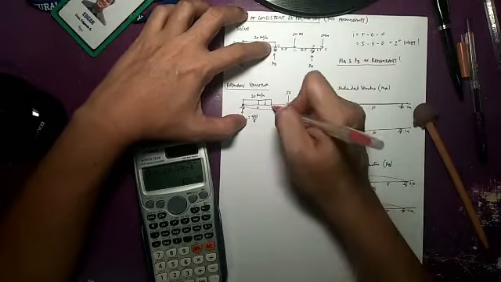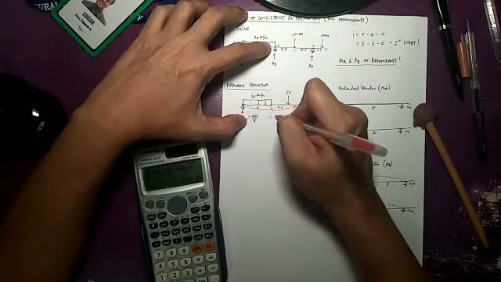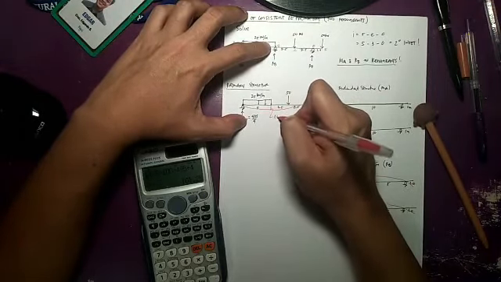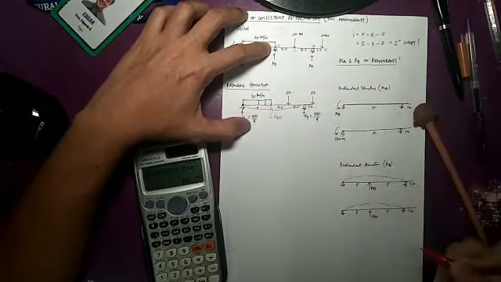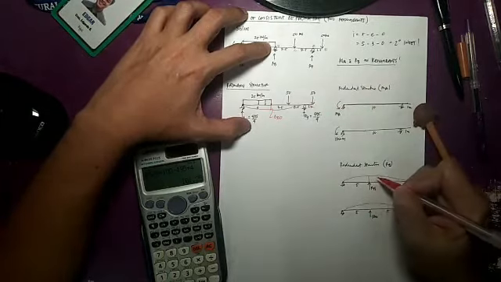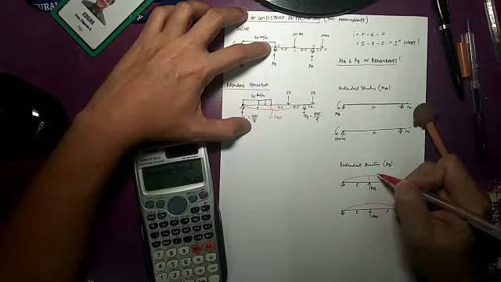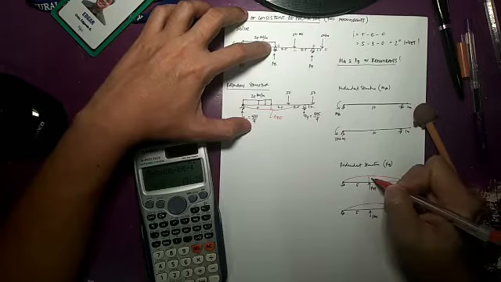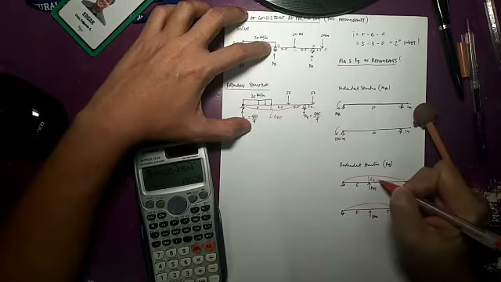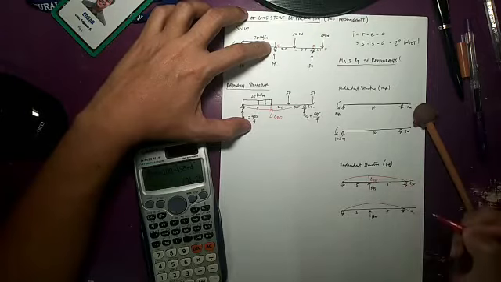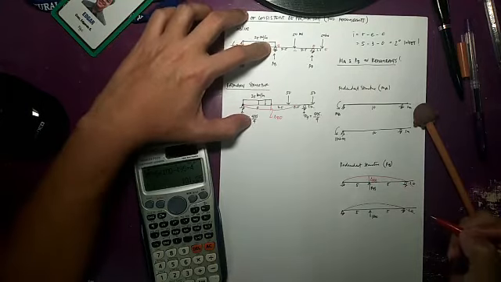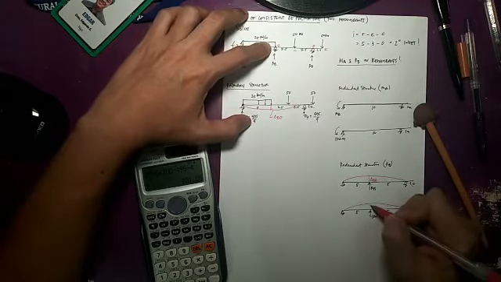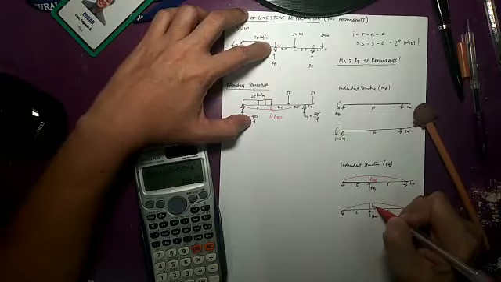I'll call this delta B due to the original load, and I will call this delta B due to the redundant RB, or BY. So this would be FBB.